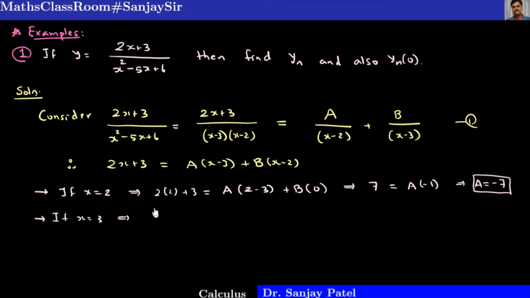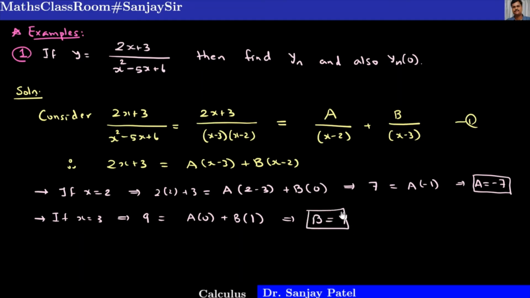Putting x equal to 3, the left hand side is 2 into 3 plus 3, that is 6 plus 3 equal to 9, and the right hand side is a into 0 plus b into (3 minus 2), that is 1. So that gives me the value of b equal to 9.